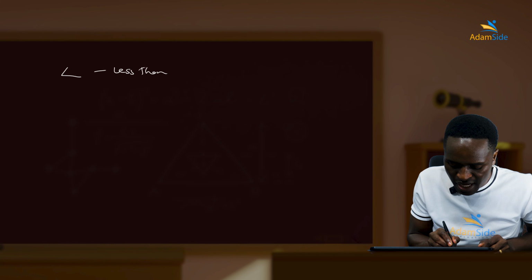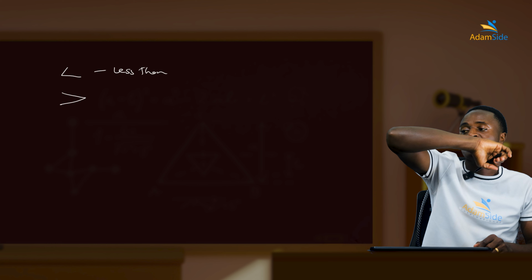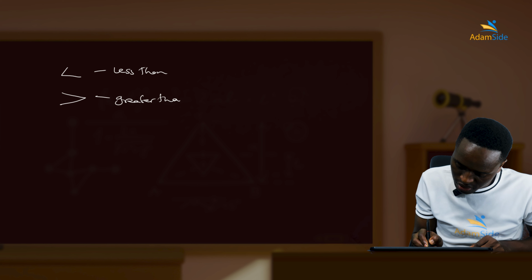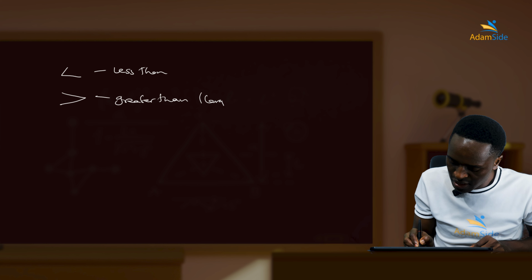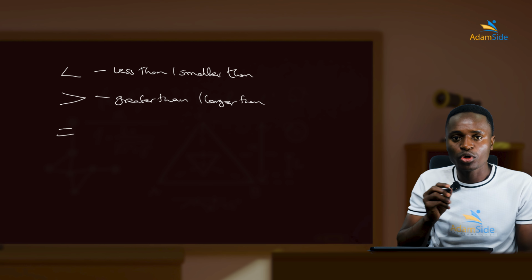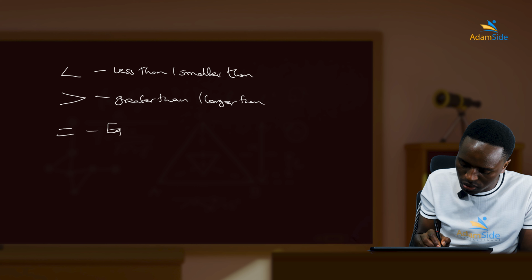And if I have my right hand making a V pointing the other side, this one means greater than, or you can say larger than. The other one is less than, or smaller than. Then if I have this symbol, two double lines, this means equal.